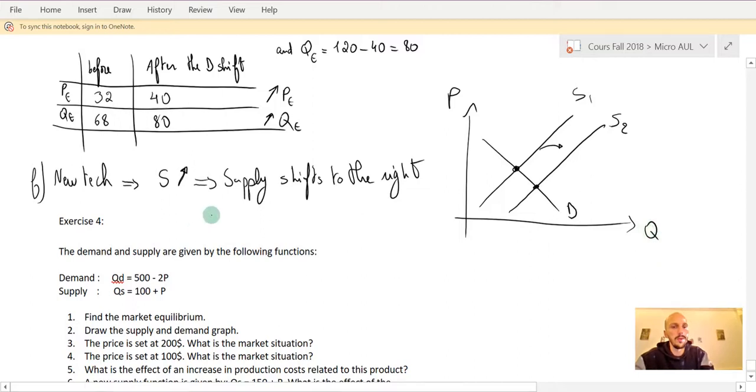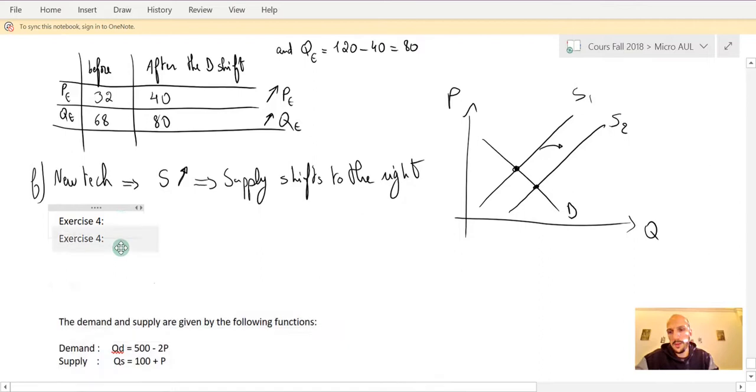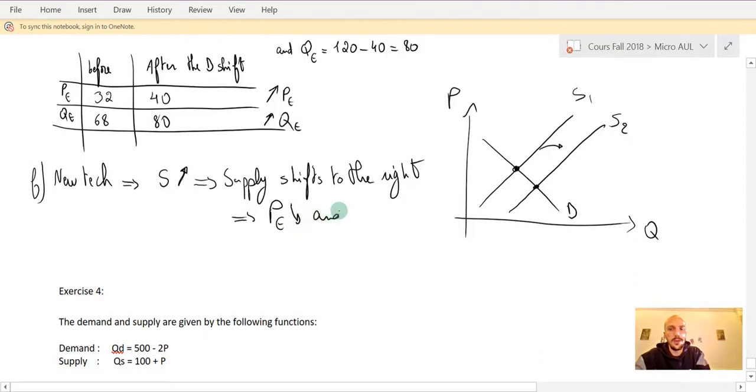So the result is that price at equilibrium will decrease and quantity exchanged will increase, لأنه هون the quantity has increased while the price has decreased from 1 to 2.